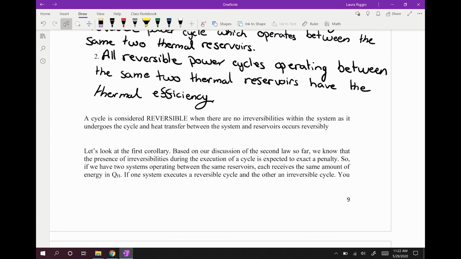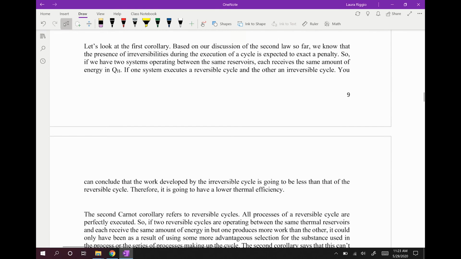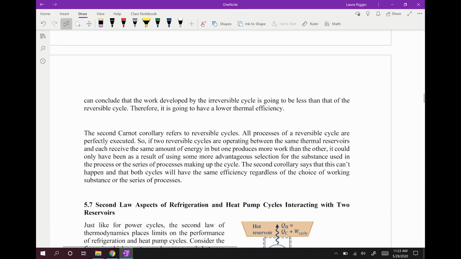If we have two systems operating between the same two reservoirs, each receiving the same amount of energy QH, and one system executes a reversible cycle and the other an irreversible cycle, you can conclude that the work developed by the irreversible cycle is going to be less than that of the reversible cycle. Thus, it is going to have a lower thermal efficiency.